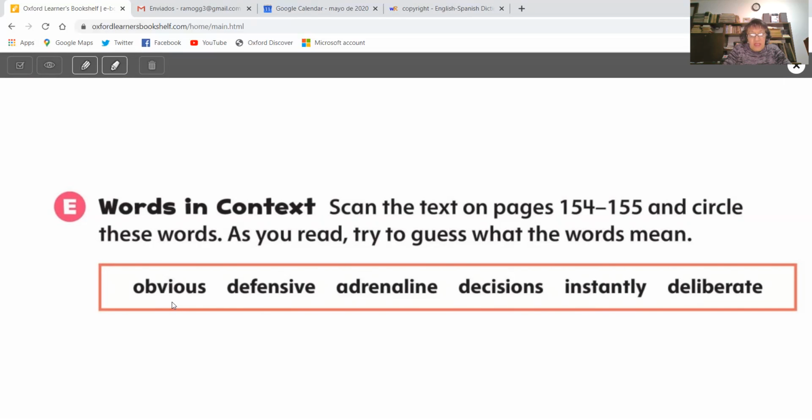Obvious, obviamente, defensive, defensivo, adrenaline, adrenalina, which is a chemical that our body produces. Decisions, decisiones, instantly, instantáneamente, deliberate, deliberadamente.